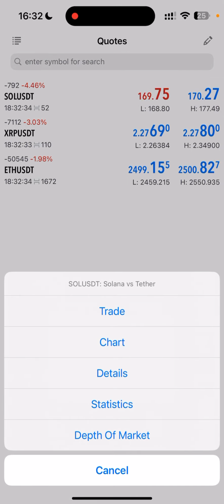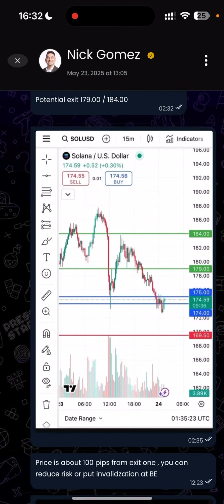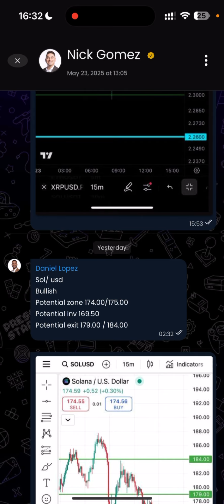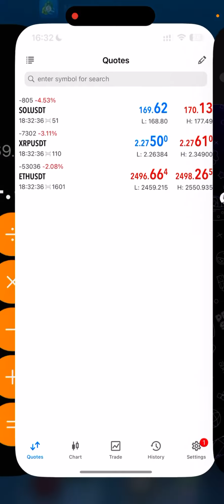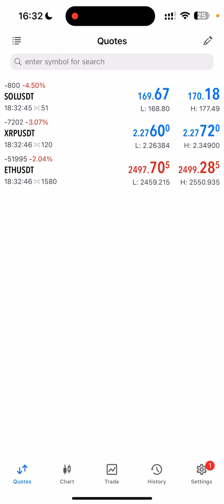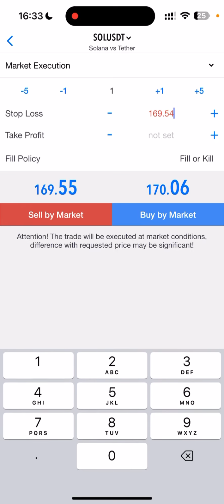Let us say the entry price was 169 for Solana, and you click on trade. You already see that the number just above sell by market is around the entry price. So you don't even need to set any pending order. You just go ahead using market execution and take the trade.